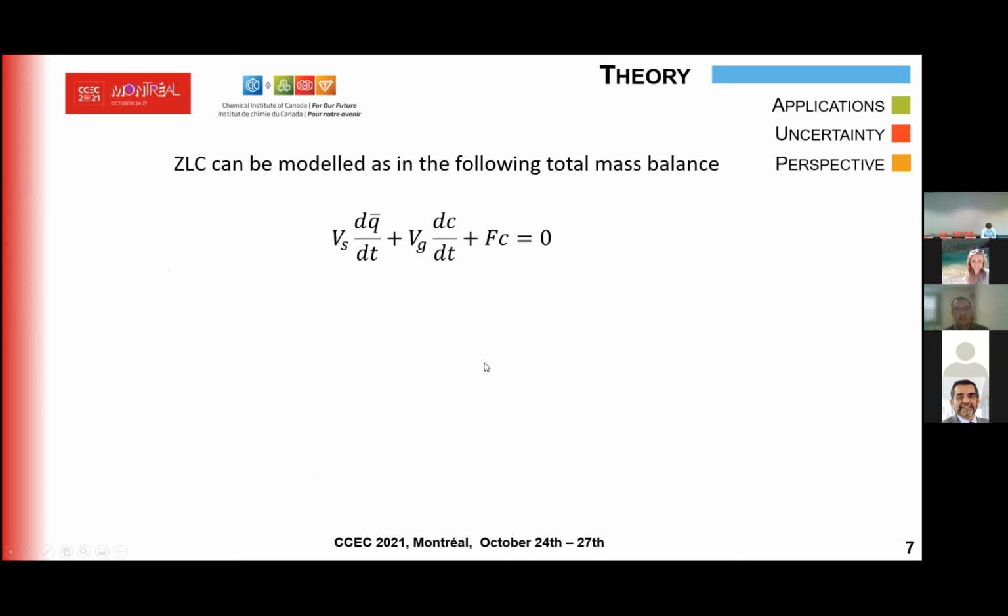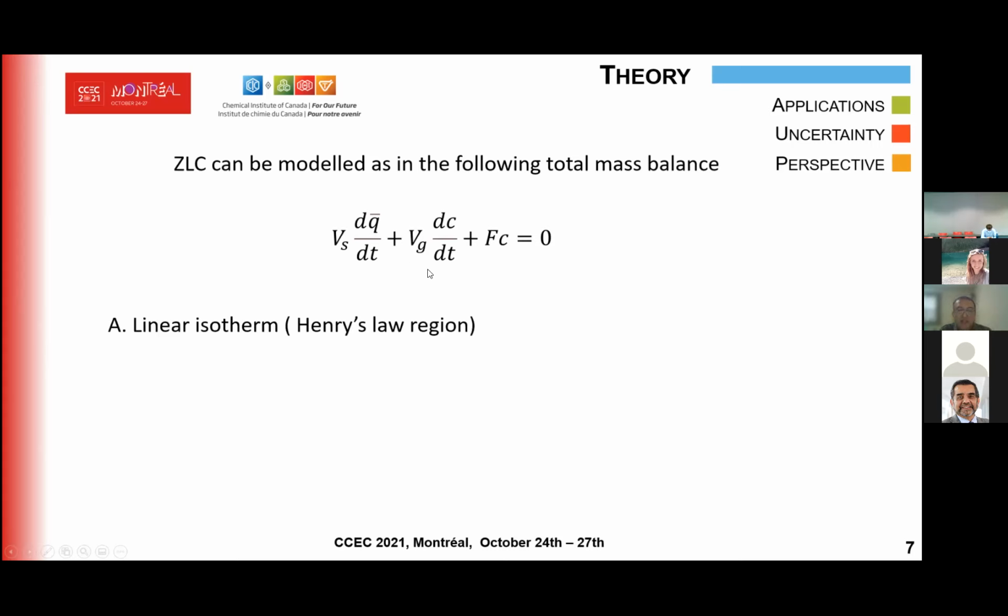Based on my description of the ZLC system, the total mass balance could be summarized like this, where VS refers to the volume of the solid adsorbent, VG is the gas holdup, F is the flow rate of the purge gas, C is the concentration in the gas phase, and Q is the adsorbent concentration.